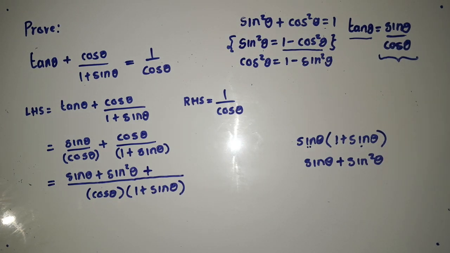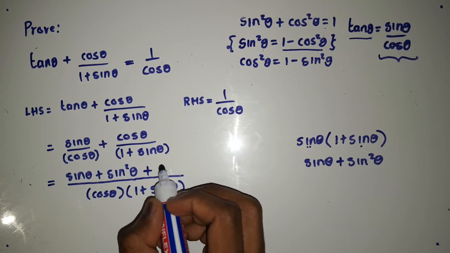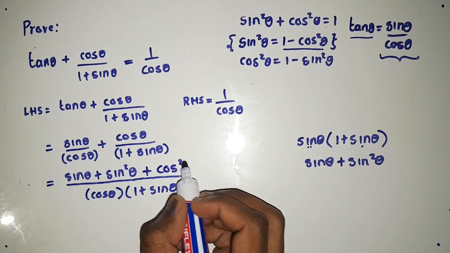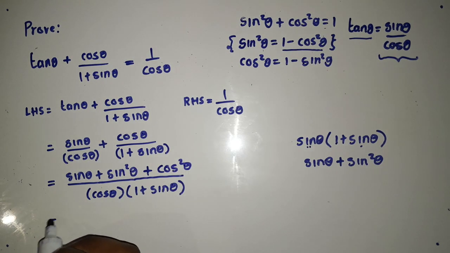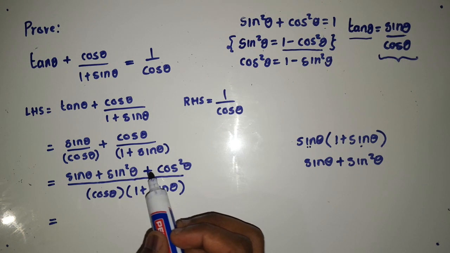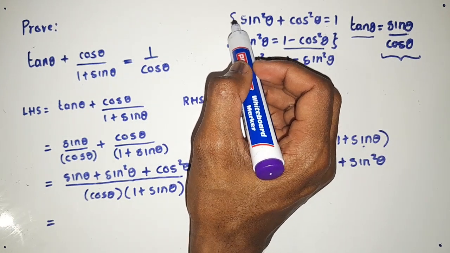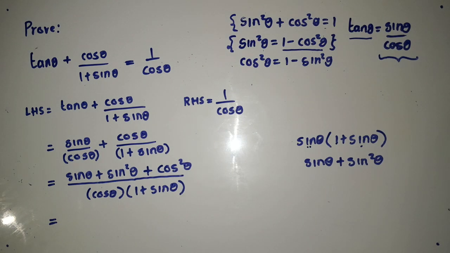Now we have cos multiplied by cos. We get cos squared theta, like this. Then now on our numerator we have sine squared theta plus cos squared theta. Do you see? It is a square identity.